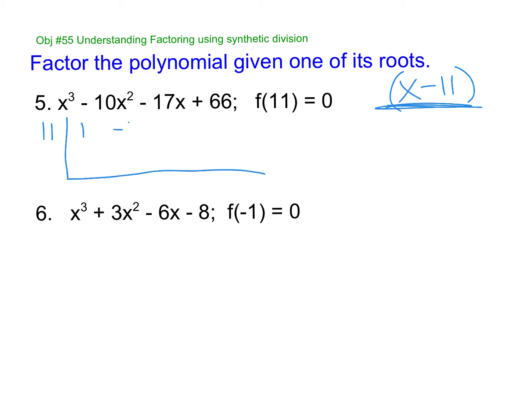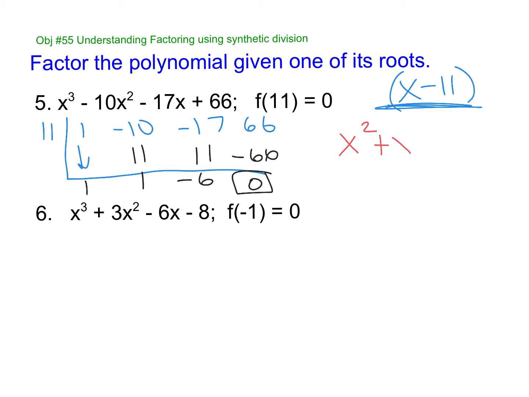So 1, negative 10, negative 17, 66. 1, 11, 1, 11, negative 6, negative 66, 0. So then what's left? We're going from x cubed down to 1x squared plus 1x minus 6.